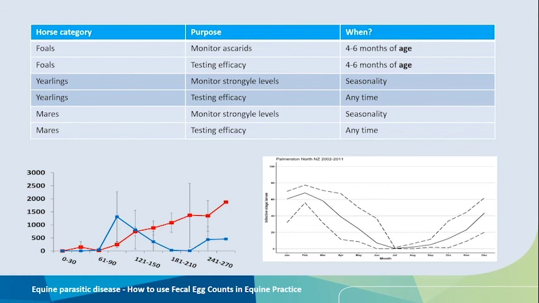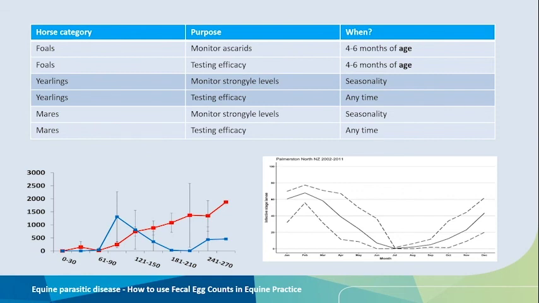In yearlings, most importantly is really just to take into account seasonality. I've included a chart for Palmerston North on the lower right, where you can see the pasture infectivity levels at different times of the year. So there's certainly some seasonality there.